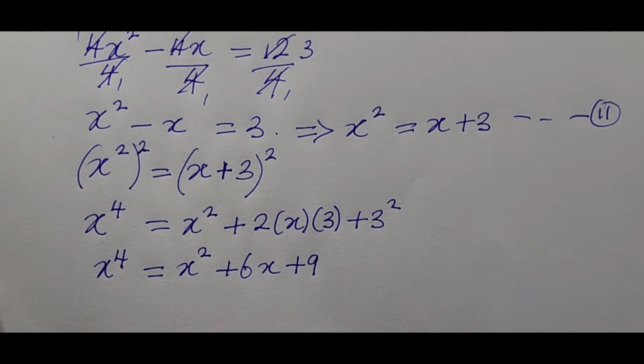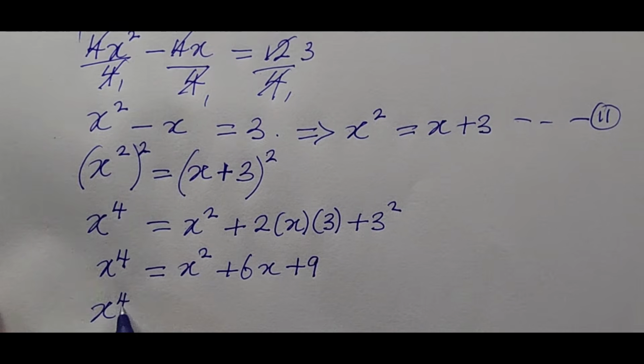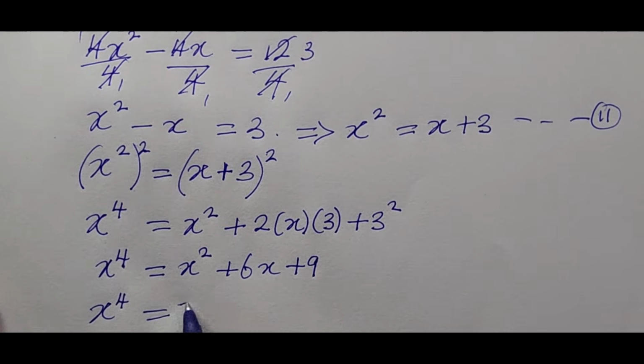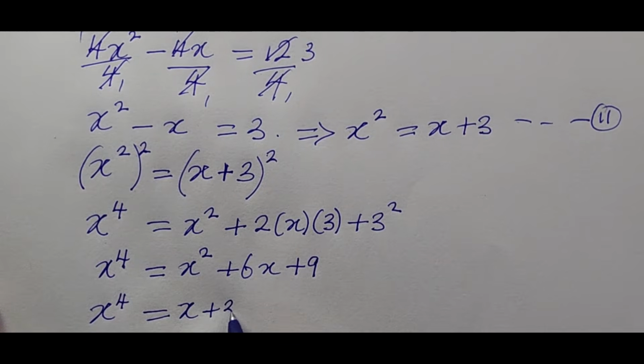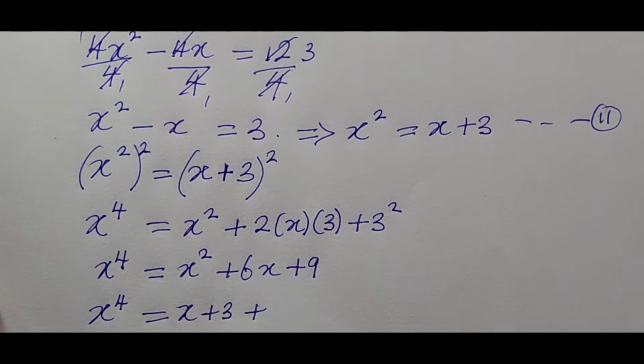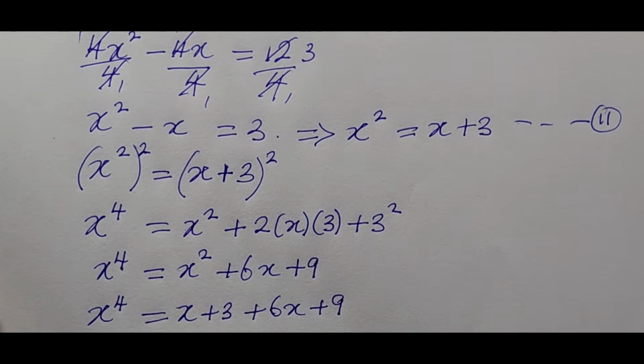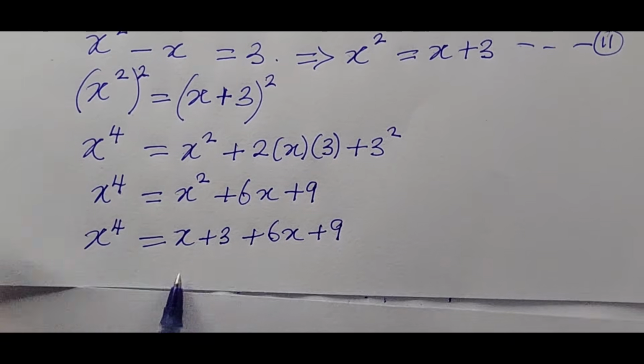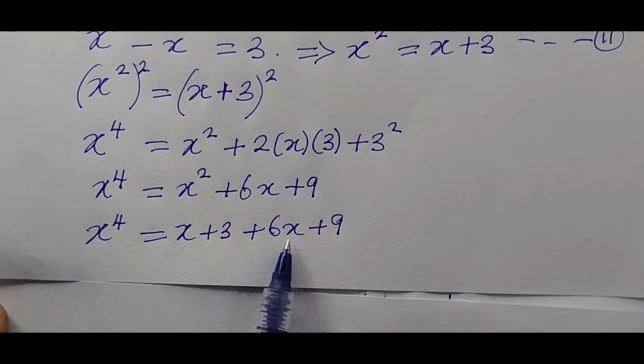This is going to give us x to the power of 4 is equal to x plus 3 plus 6x plus 9, right? Good.